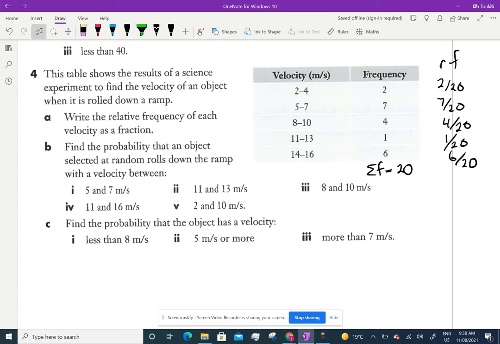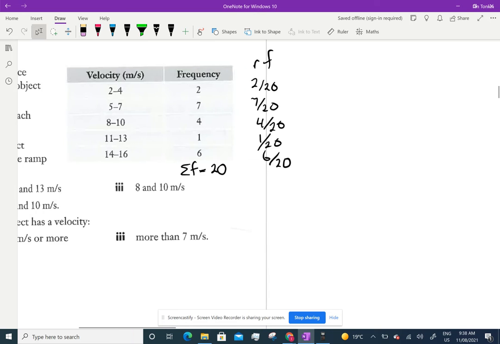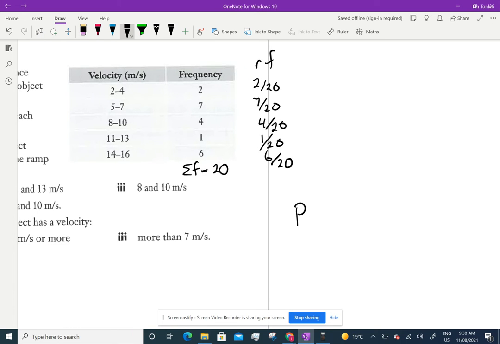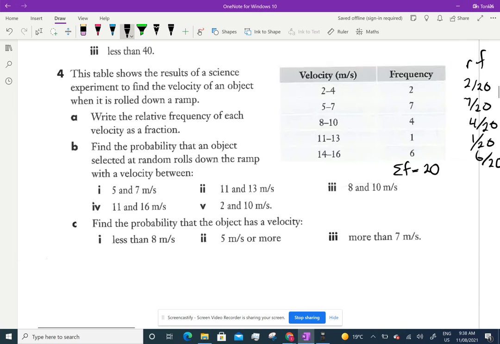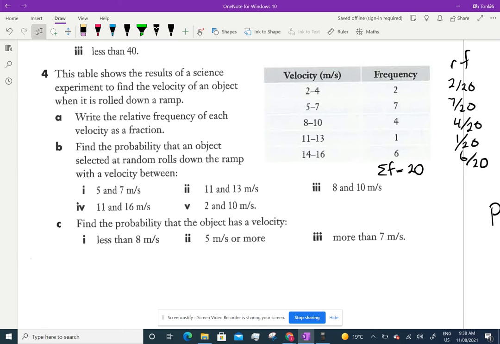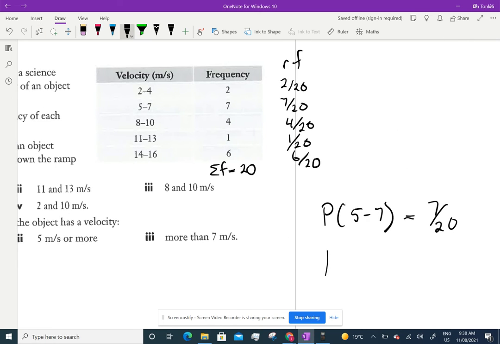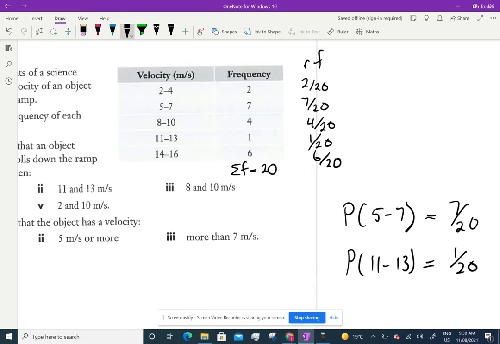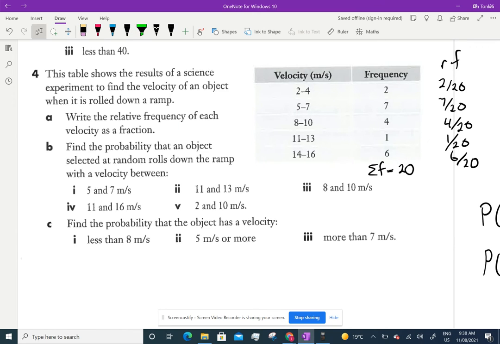Find the probability that an object selected at random rolls down the ramp with a velocity between 5 and 7. Oh, okay. This is how you write it. Probability 5 to 7 equals 7 on 20, because there are 7 of them. Oh, 11 and 13, 1 on 20. 11 to 13, 1 on 20. 11 to 16.